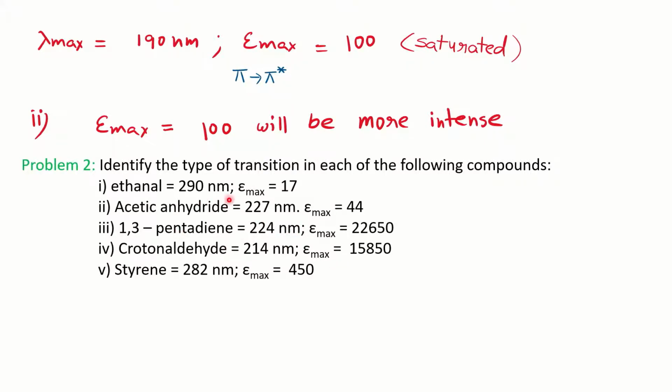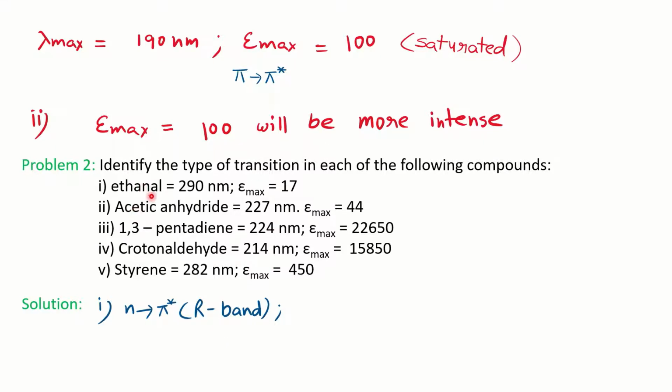Okay, now in this question, the data is given to you and you have to identify the type of transition in each case. So ethanal is the very first example, and since it is an aldehyde, a carbonyl group is there, a heteroatom is present, and if you focus on the molar absorptivity value 17, it says it is a forbidden transition, and 290 nanometer, which is a high value, we can assume that it should be n to pi star transition, which is an R band.